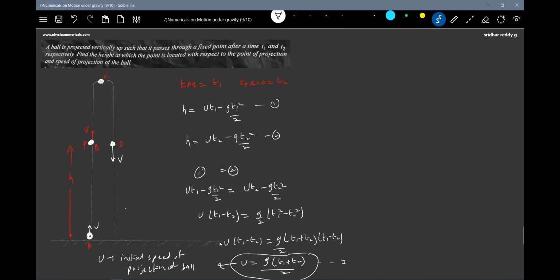Okay, this equation 3 I'll put in either 1 or 2. Put 3 in 1, H equal to U times T1. Value of U is G (T1 plus T2) by 2, so H equals G T1 T2 by 2 from the substitution, minus G T1 square by 2.